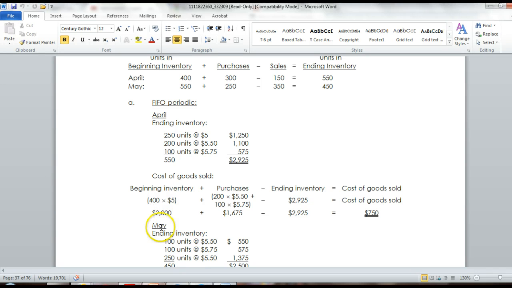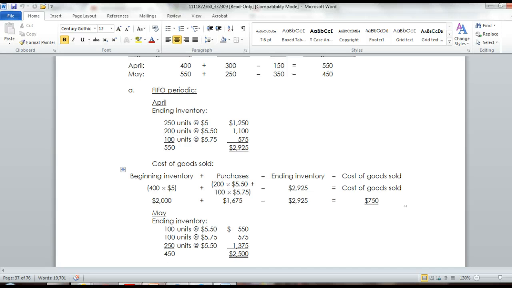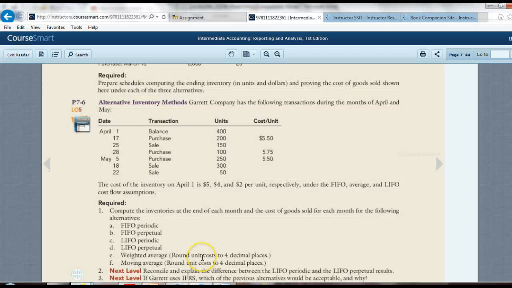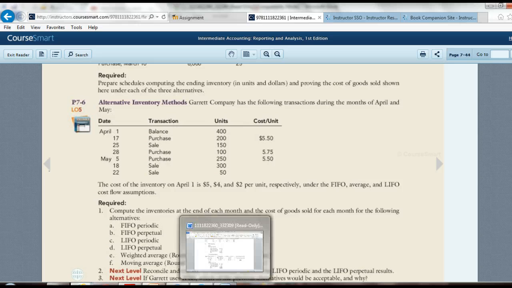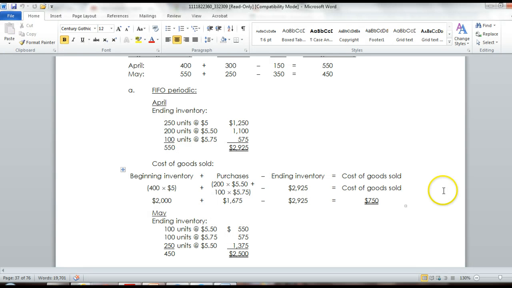Now as we move on to May, we know that we have 550 units sitting in our inventory, and it told us that we had another purchase here of 250, but we sold 300 and we sold 50. So we sold 350 units, and we're going to take that from our beginning inventory, that the ending inventory in April began our beginning inventory in May.